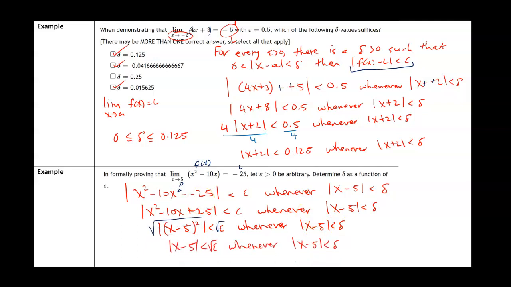So we get the absolute value of x minus 5 less than radical epsilon whenever |x minus 5| is less than delta. So now that we have x minus 5 and x minus 5, we know that delta has to equal the square root of epsilon. So we can say that 0 is less than |x minus 5| is less than delta, which is the square root of epsilon.